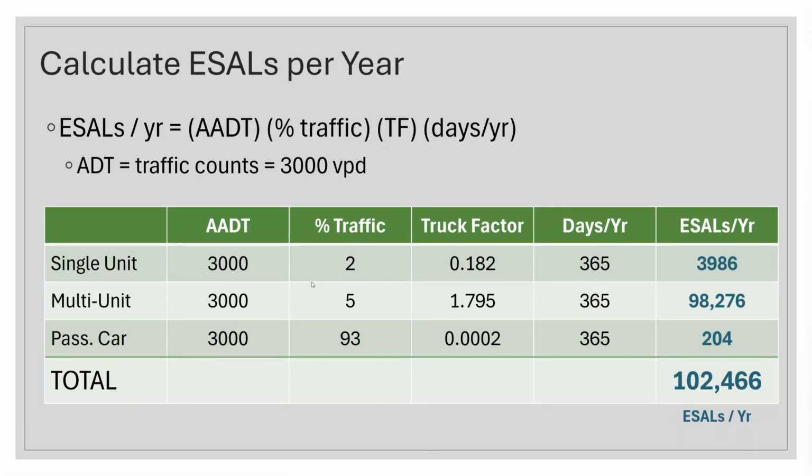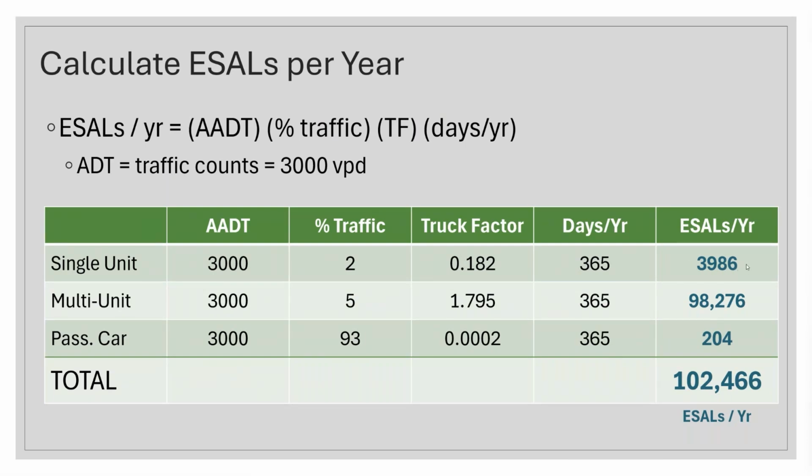Our traffic stream had 3,000 vehicles per day, and 2% of that traffic stream is this particular type of truck. And then this is going to end up being ESALs per year, but this is daily traffic, so I have to multiply that by 365 days in the year.